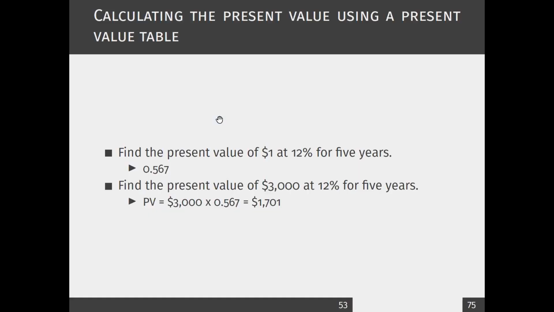Right. Now, present value. When you want to look at present value, I will explain what this is. Let's say we are going to get $1 at 12% for 5 years.